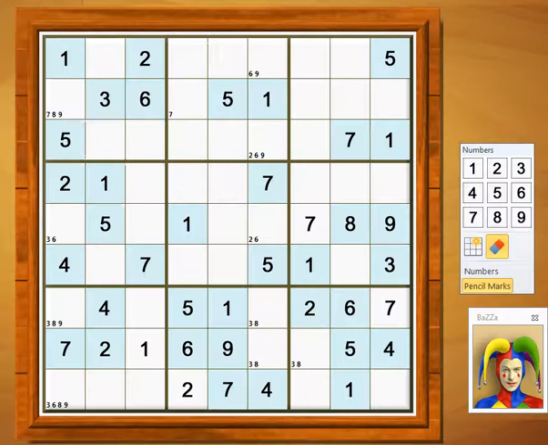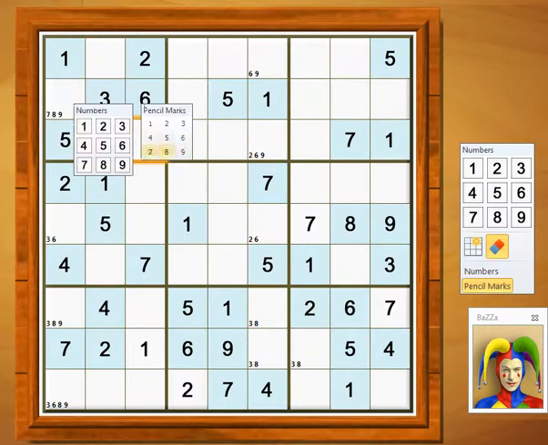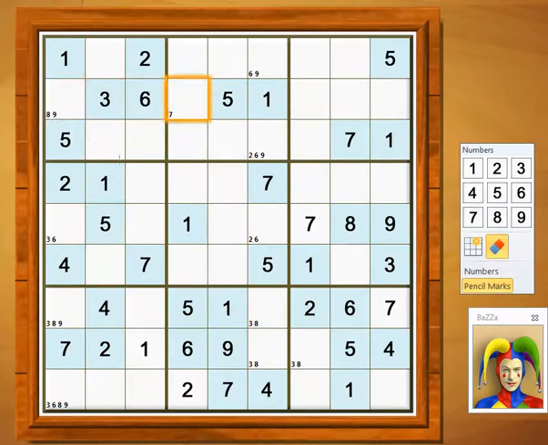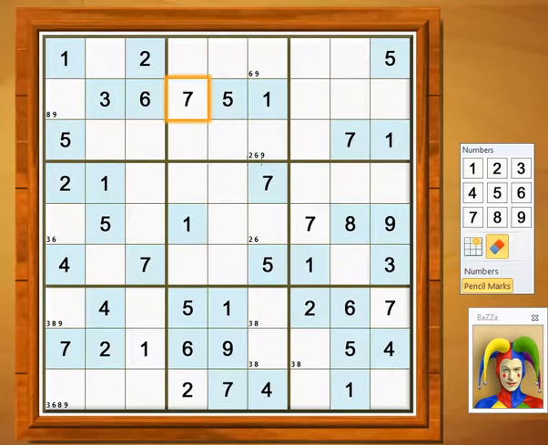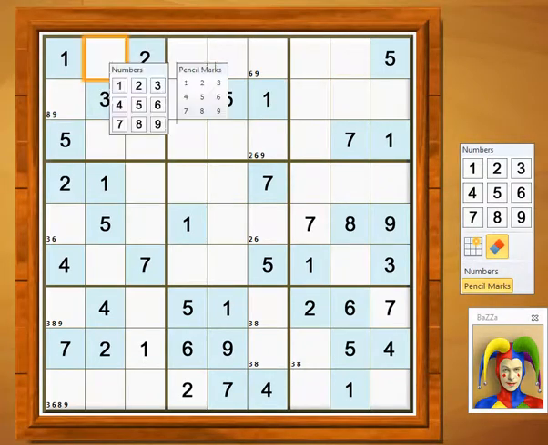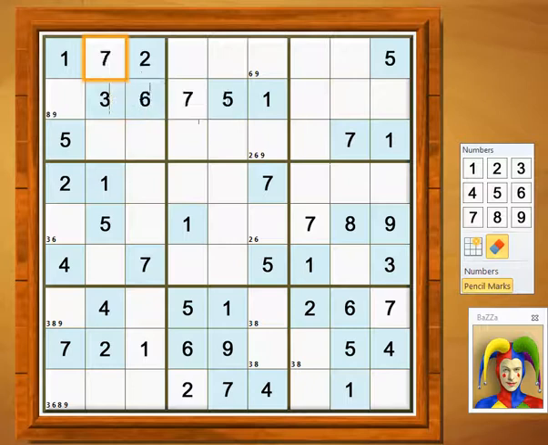But you can see we already got a 7 in this column, because 7 cannot go over here. So we have to take that 7 out, which means that this is the only place for the 7. So that is the 7. Again, we've got this column out, this column out, these 2 rows are out, which only leaves the 1 square, so that is the 7 there.